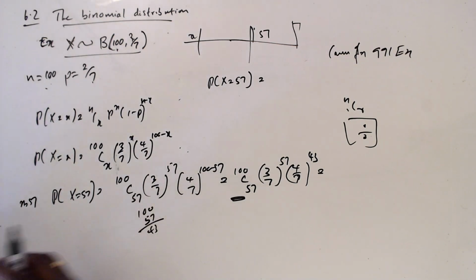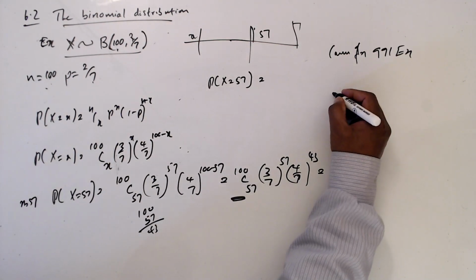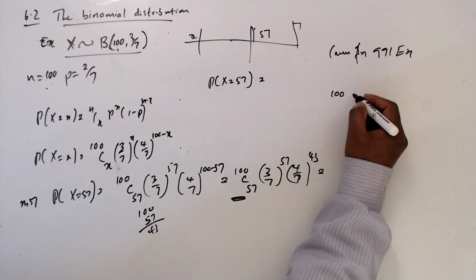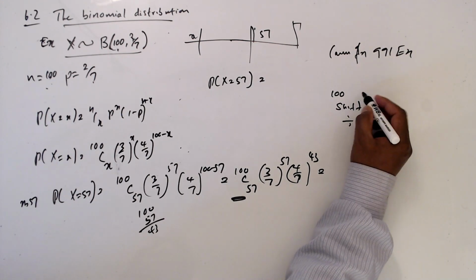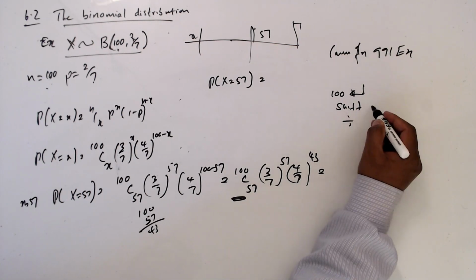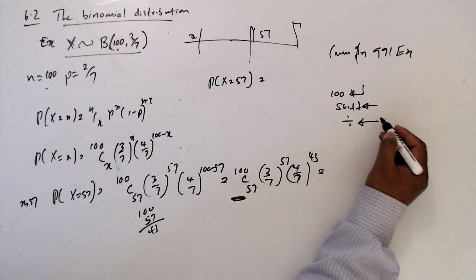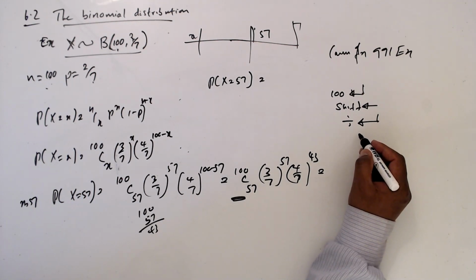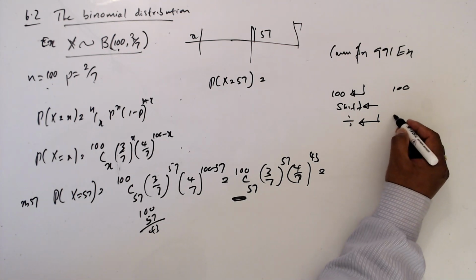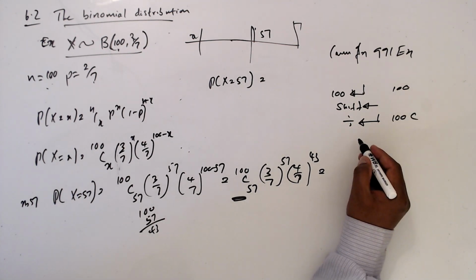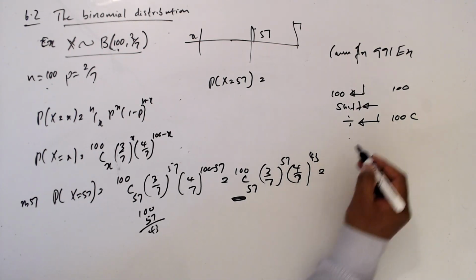So what we could do: type 100, then shift, then the division sign, and you'll get 100C, and then press 57.